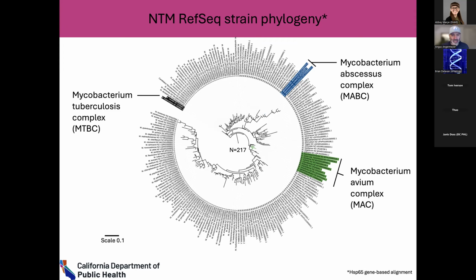So it is pretty important to get those answers. One caveat here is this is actually based on just one of the target genes I'll talk about a little bit more later, but broadly, the genomic phylogenies are very similar to this.